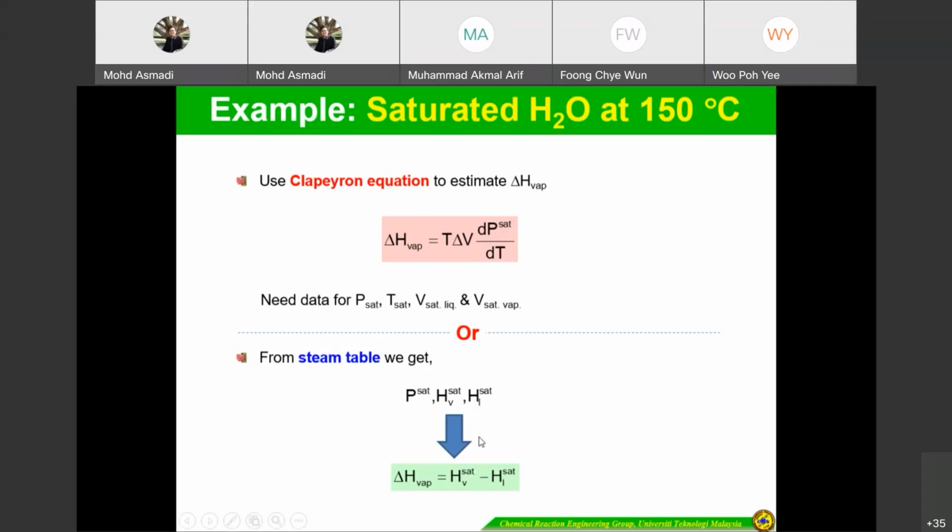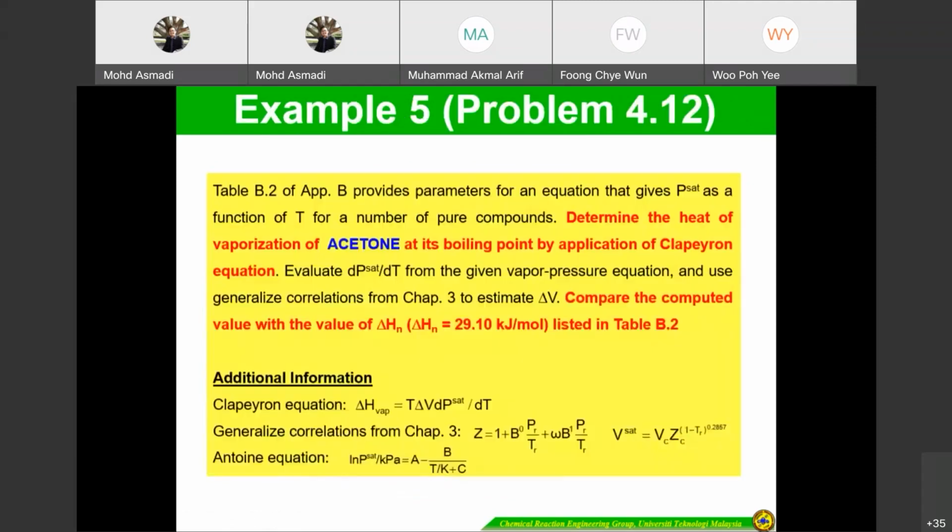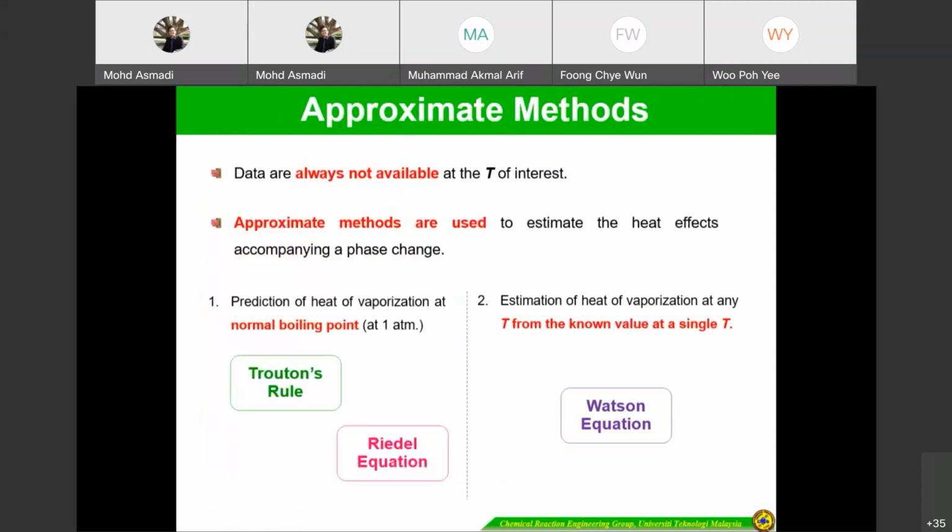I think it's in the appendix, I don't remember which appendix. Superheated steam table, appendix F. That one is for the saturated steam, but it's only for water steam. For the other components we cannot calculate.